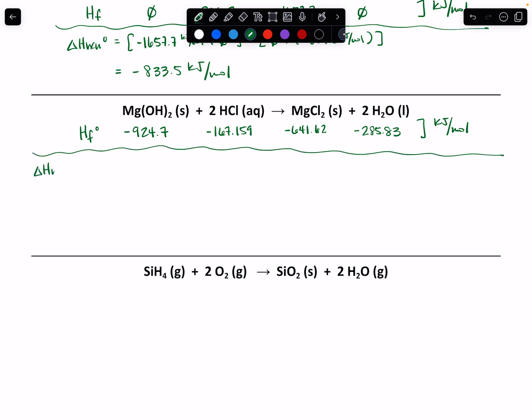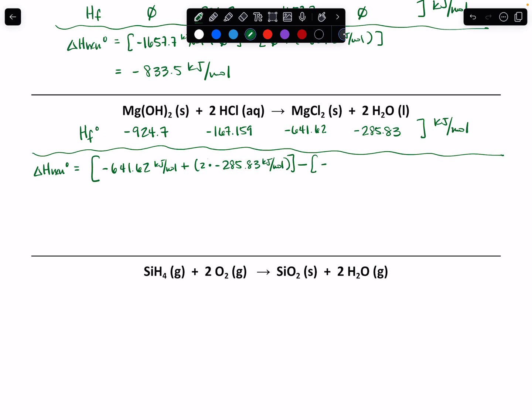Now I start setting up my reaction. I start on that product side. So I have 1 magnesium chloride, so negative 641.62, that's kilojoules per mole, plus 2 times negative 285.83 kilojoules per mole. So there are my products minus my reactants.